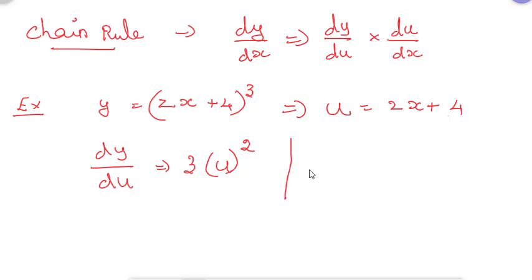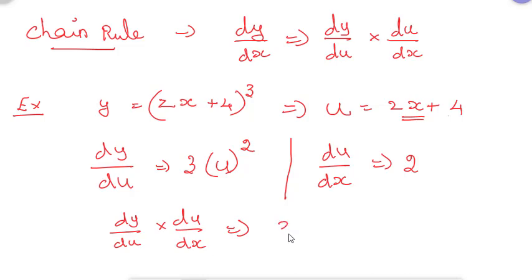The second thing, you have to differentiate u with respect to x. Now you can see in this u equation, you have only one x term with a coefficient of 2. So the derivative is 2, and the constant has no x value, so it gives nothing. So simply write 2. Now I have to multiply dy by du times du by dx.